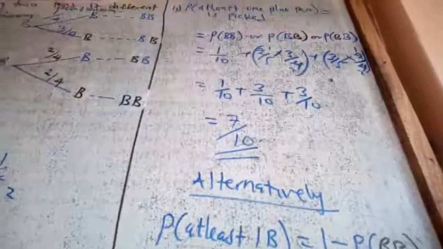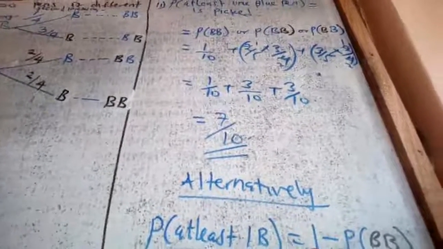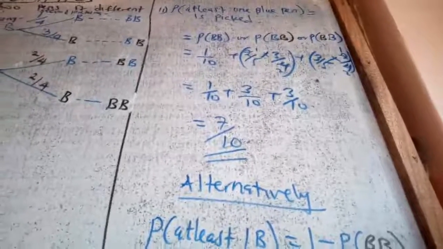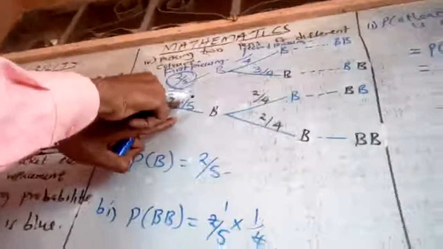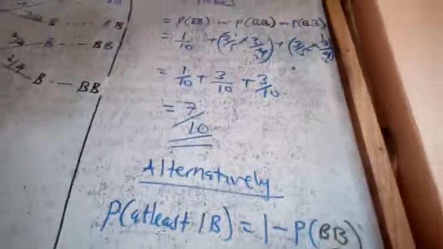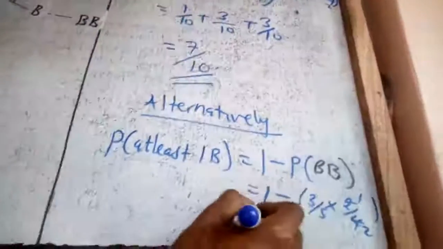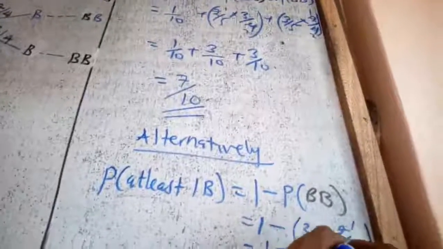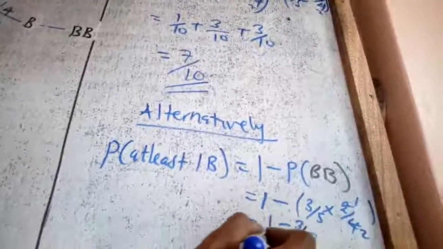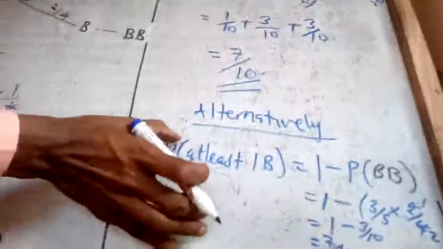Therefore, I will write here 1 minus the probability of black, you can see it is 3 over 5, multiplied by 2 over 4, so by 2, 1, by 2, 2. So you get 1 minus 3 over 10, and the answer becomes 7 over 10 still. So this is the alternative method. You can either use this one or use this one.